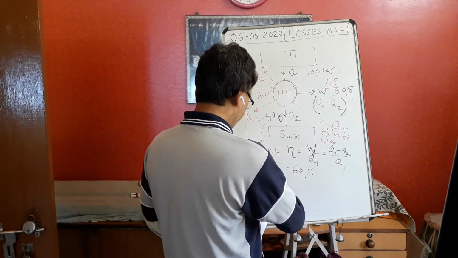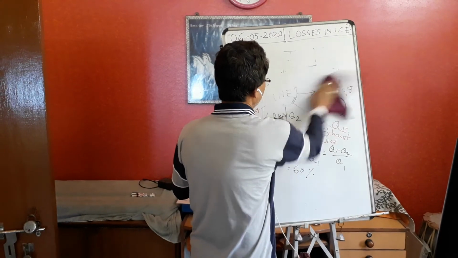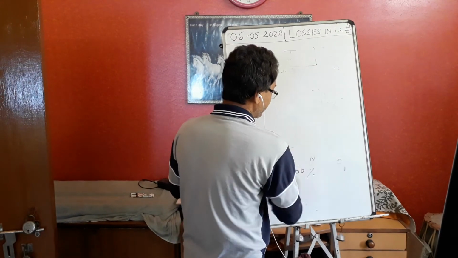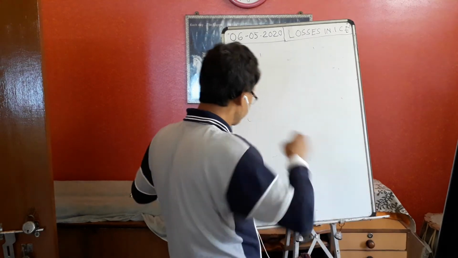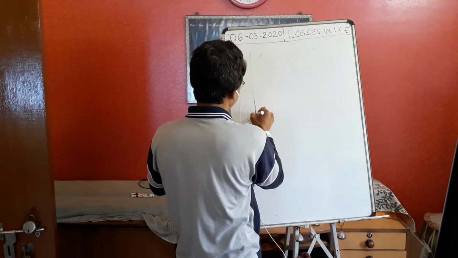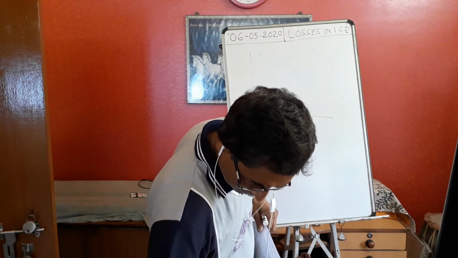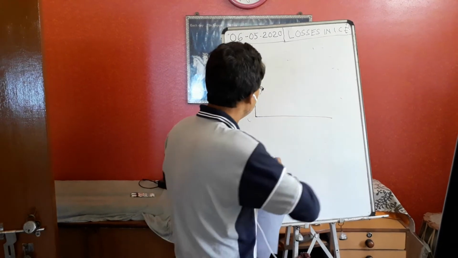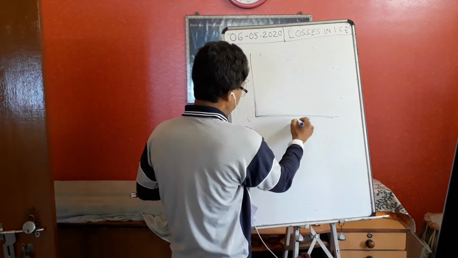Isn't it? Now let us see the case of the IC engine. Let us take an SI engine, spark ignition engine. This is my PV diagram.